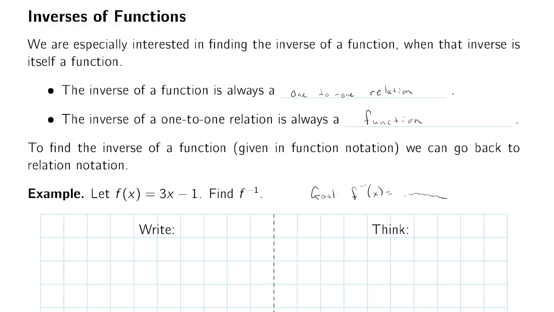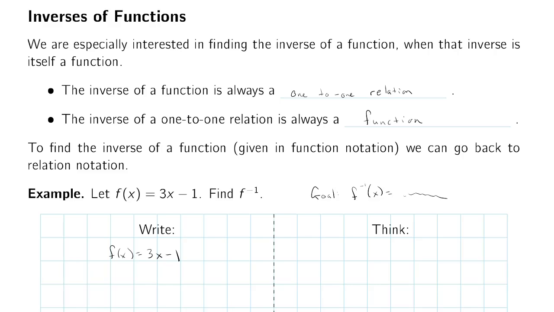We're starting out by saying f of x is 3x minus 1. Now, we know how to find the inverse of a relation. So let's hop back over into relation notation. Typically, when we do a problem like this, we won't write down this step, we're just going to think it.